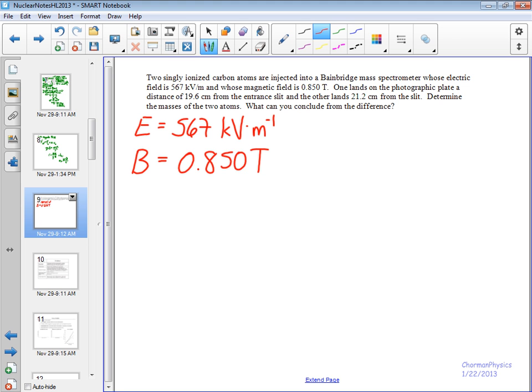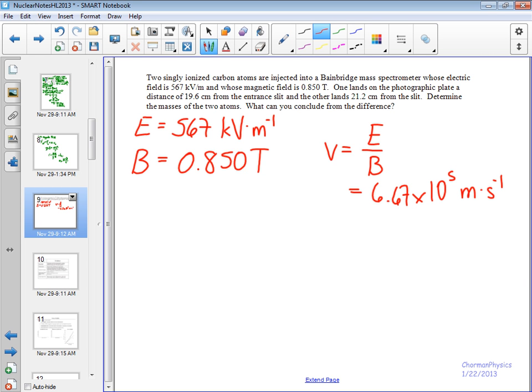Remember from class, I showed that the velocity is going to be the ratio of the electric field to the magnetic field. So when you solve for that, it's just going to be 6.67 times 10 to the 5th meters per second.